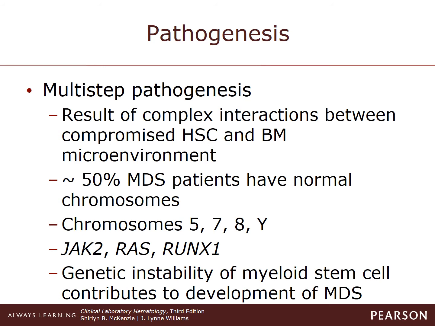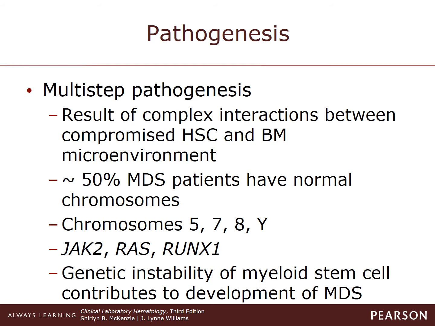This is really a multi-step pathogenesis, which can result from the interaction of the stem cell and its bone marrow microenvironment. Now, there has been thought of three causes, starting with a single gene mutation. Over 50% of these patients have some kind of chromosome abnormality, and the most common chromosomes affected are 5, 7, 8, and Y, in addition to proto-oncogene counterparts such as JAK2, RAS, or RUNX that have been seen.